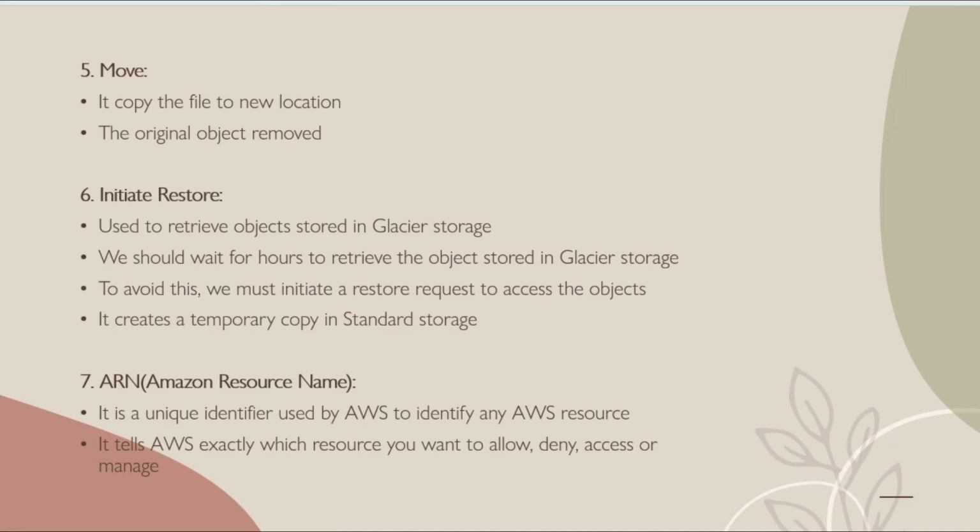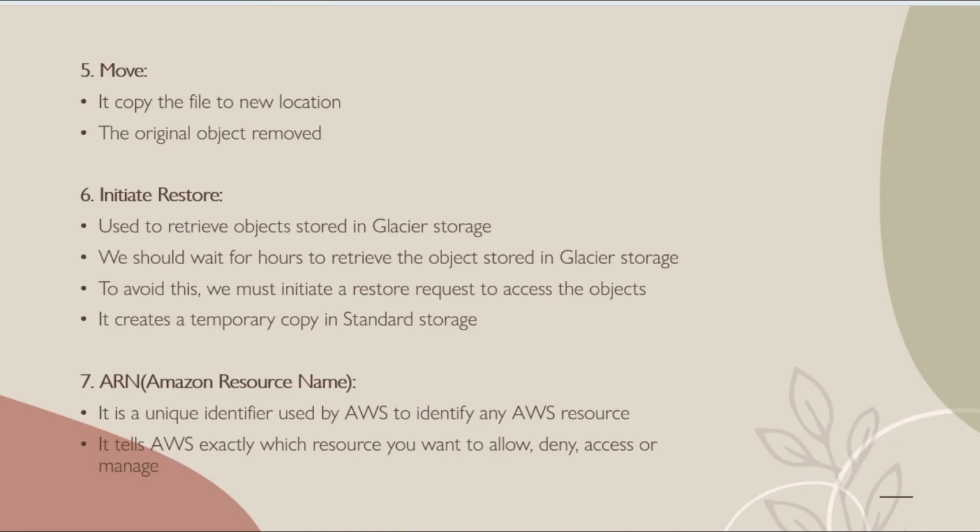And the next property is initiate restore. Initiate restore is used to retrieve the objects which are stored in the S3 Glacier storage class. We already know that those storage classes are known as cold storage, which are cheap.